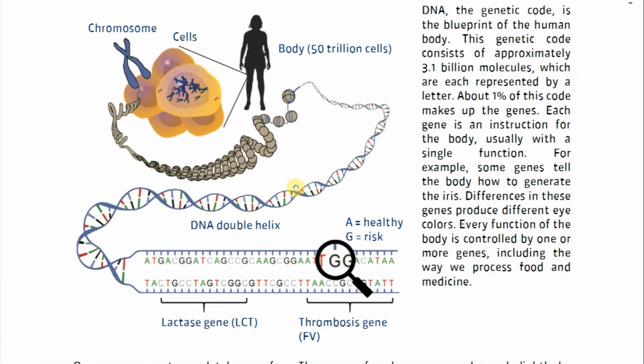There's another gene, the thrombosis gene, factor 5. This just means that this gene contains the information of how to prevent thrombosis, a blood clot, from forming in your arteries when this shouldn't be the case. So there's a gene that has a certain function, and another gene has another function. Most genes mostly only have one function, some have a few, but this is pretty much what the instructions of your human body look like.